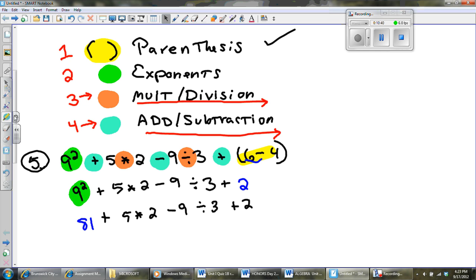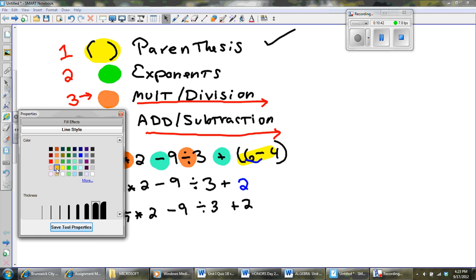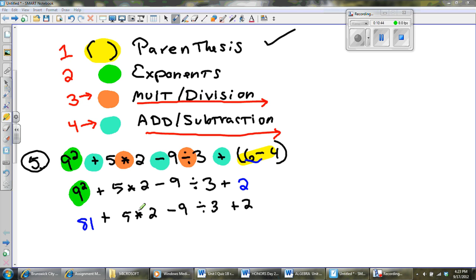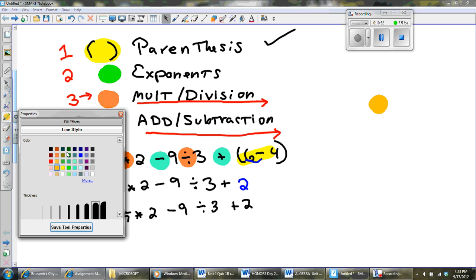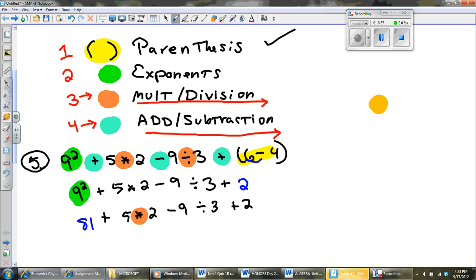Now I am searching for multiplication and division. Here is the multiplication. Oh dear, error detected. Correcting. There is the multiplication. There is the division, just like in the problem above.